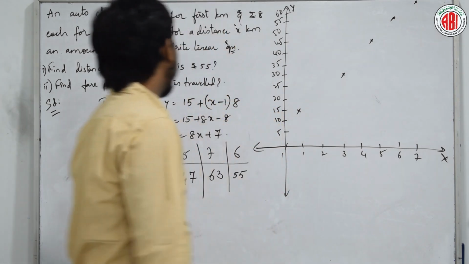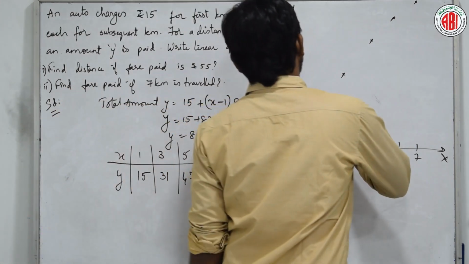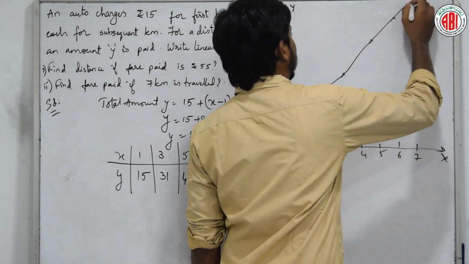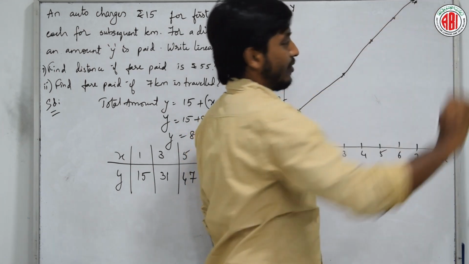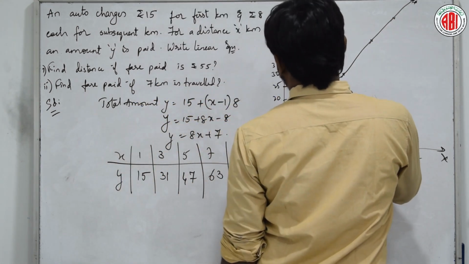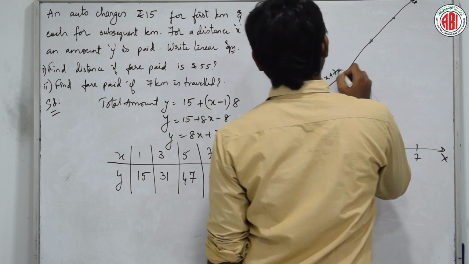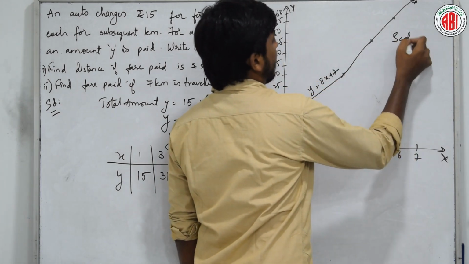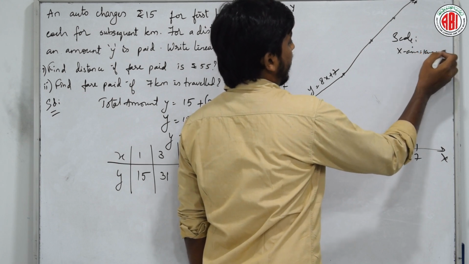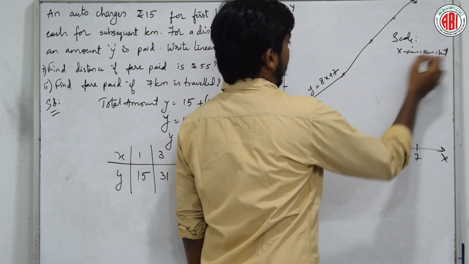Okay? Now, let us draw the line. It should actually be straight. Don't get confused. Here the equation is y is equal to 8x plus 7. Now, state the scale: on the x axis, 1 centimeter equals 1 unit.